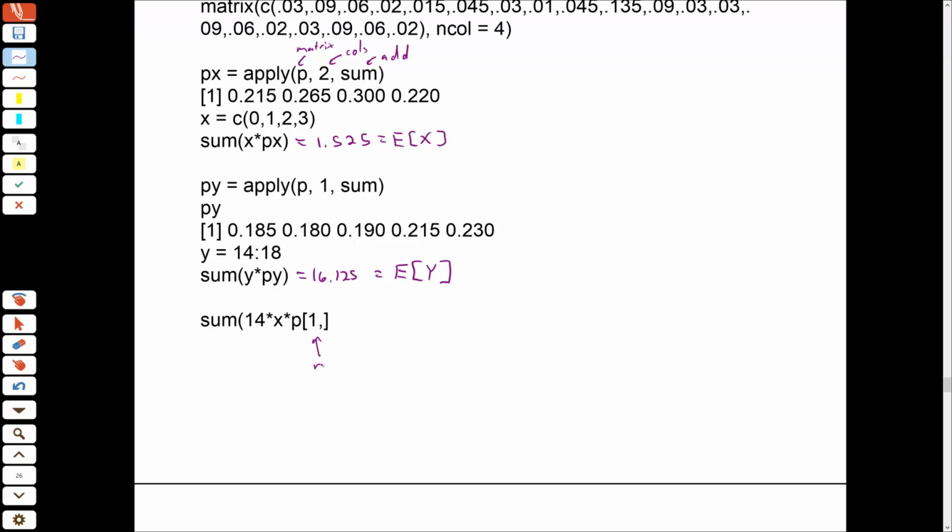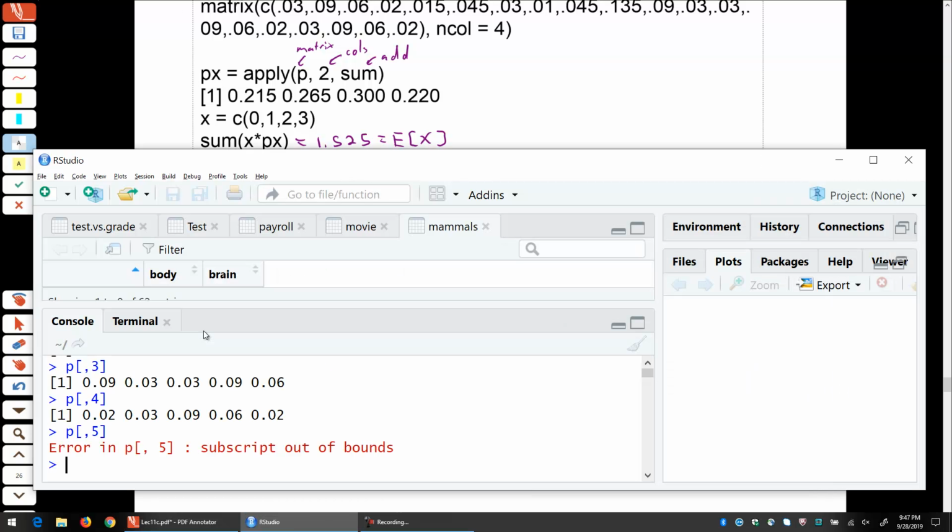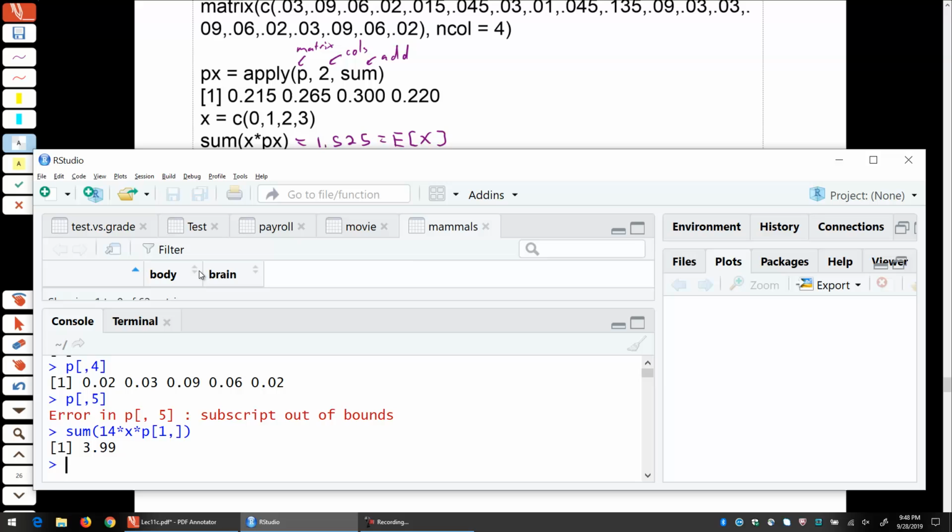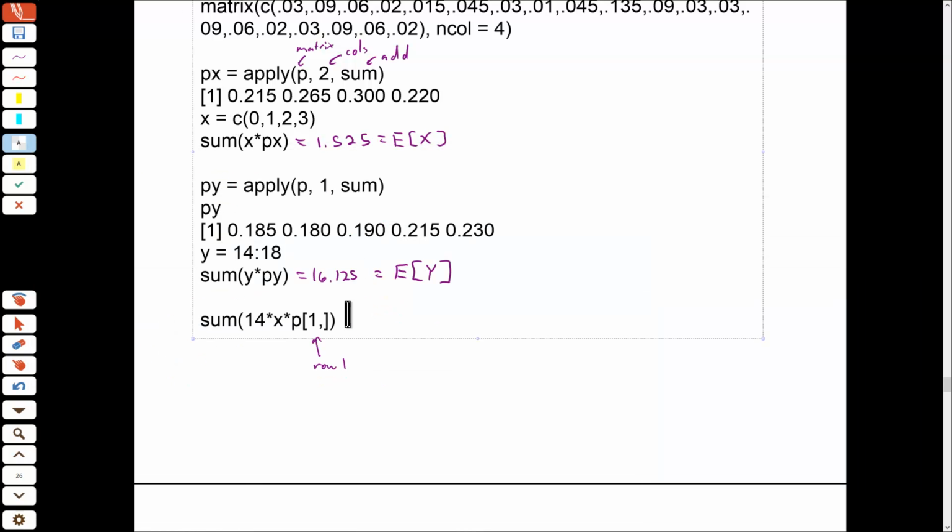And this will give you row 1. The first entry is row, the second is column. If you leave it blank, you get the entire row. So for example, doing this along the entire first row, I would get 3.99.